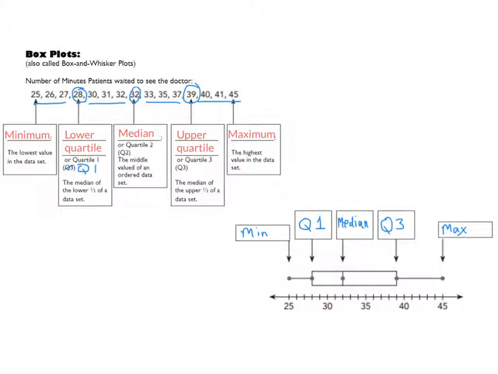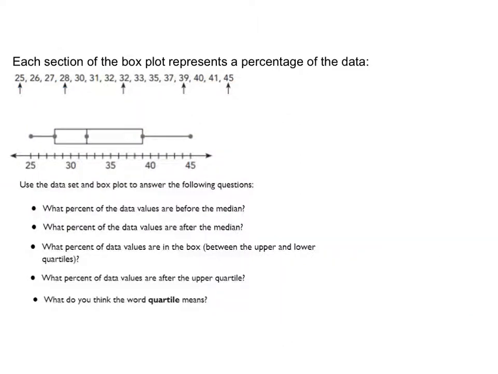All right, so let's see what we can do with these box plots. Let's go ahead and turn to the next page. So one of the most important characteristics of a box plot is that each section of the box plot, and there are 4 of them, represents 25% of the data, or 1/4 of the data. But we tend to talk about it in percentages.